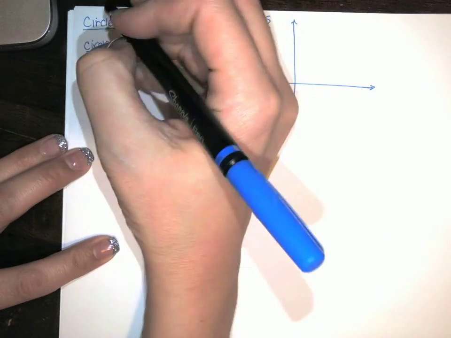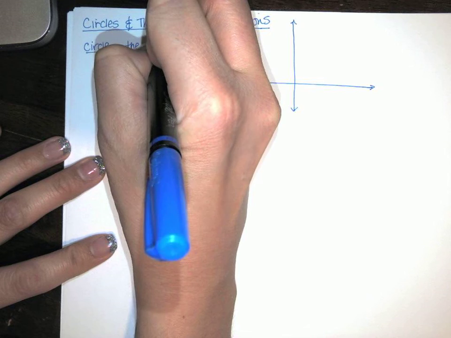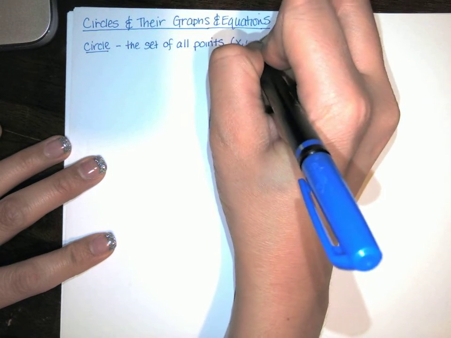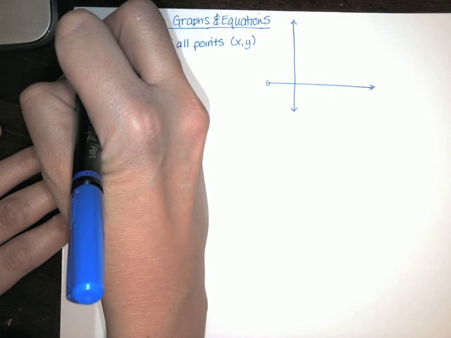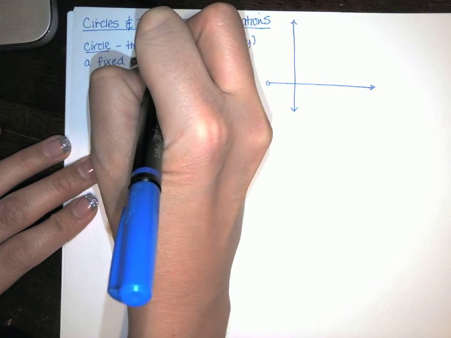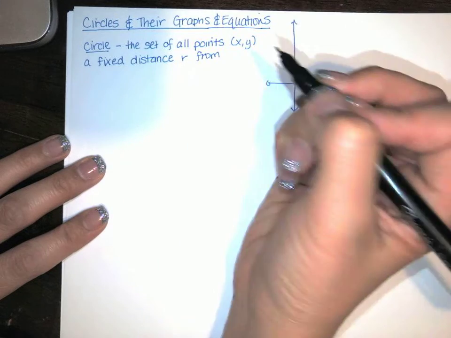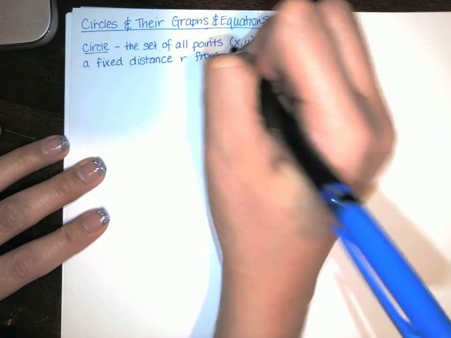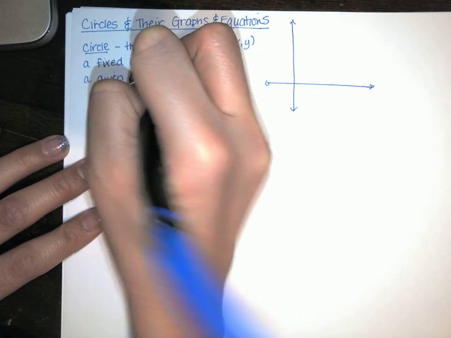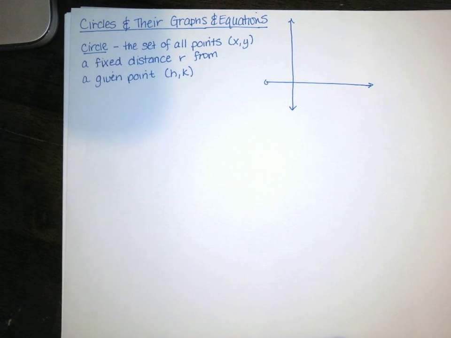A circle is defined, or can be described, as the set of all points (x, y) a fixed distance r from a single point called the center, and usually in our textbooks that center is represented by (h, k).